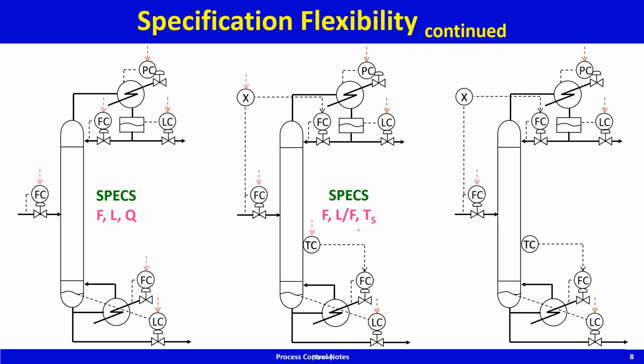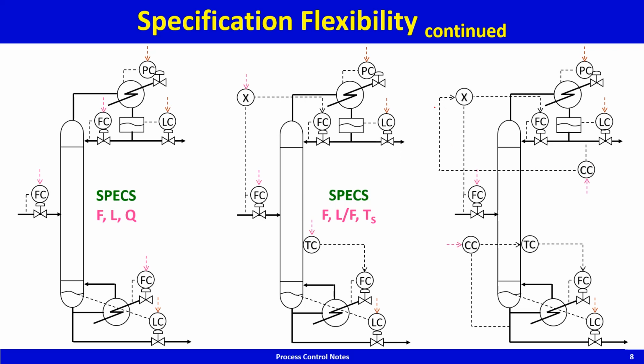There's another possibility. Now what I do is I take the previous control structure and build on top of that. So I hold the bottom composition by adjusting the temperature set point, and I hold the top composition by adjusting the reflux to feed ratio.